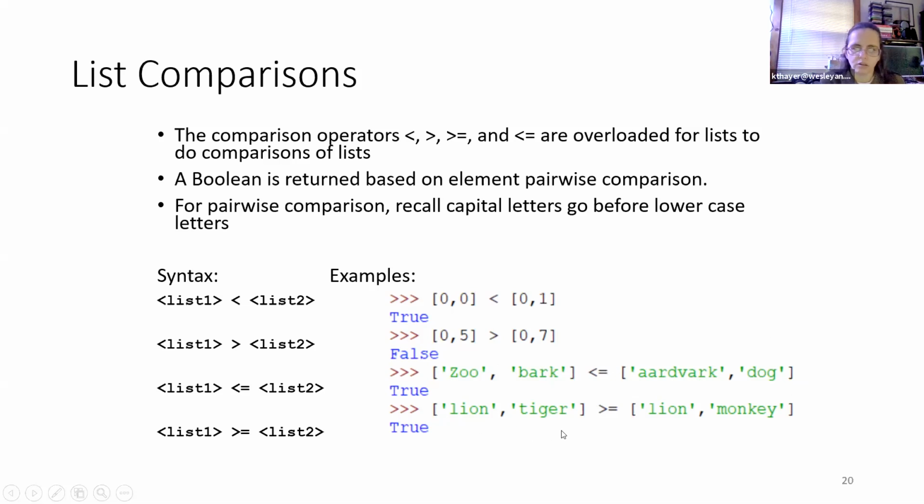Here's another example where lion is the same in both, so we default to the next position. We compare tiger and monkey, and tiger beginning with lowercase t does in fact come after M in monkey, so that will be true.